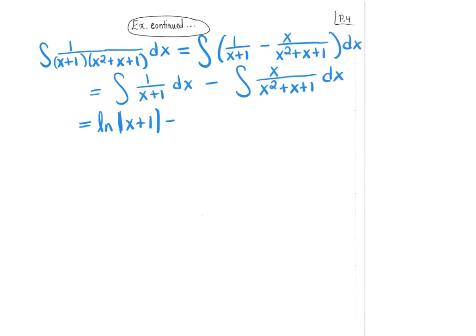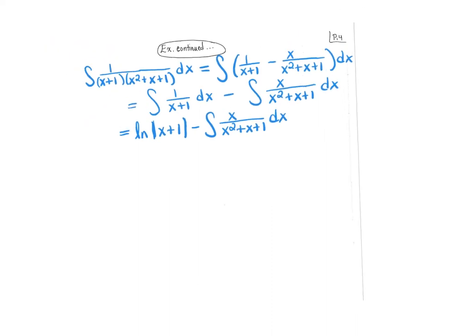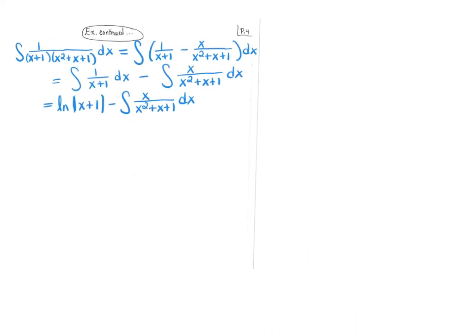So minus the integral of x over x squared plus x plus 1 dx. Now, what is the antiderivative here? I'm going to show you a little trick. So I'm going to do an aside, and we'll come back to that portion, to figure out what this integral is.